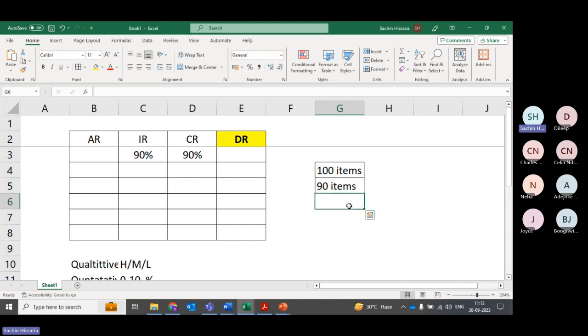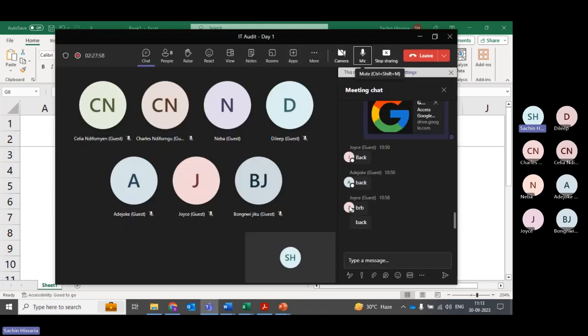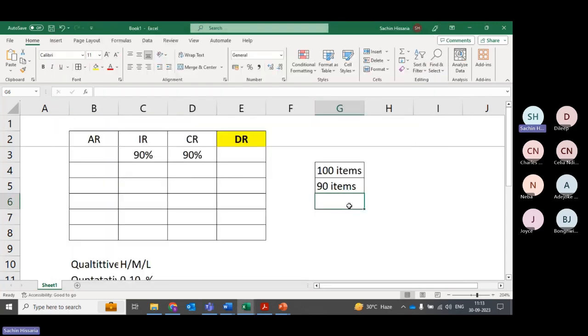Now, how many items are not verified by the auditor? 10 items. 10 items are not verified by the auditor.